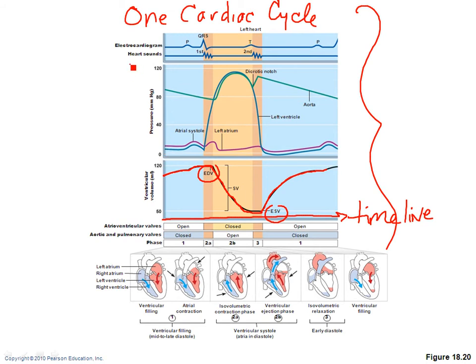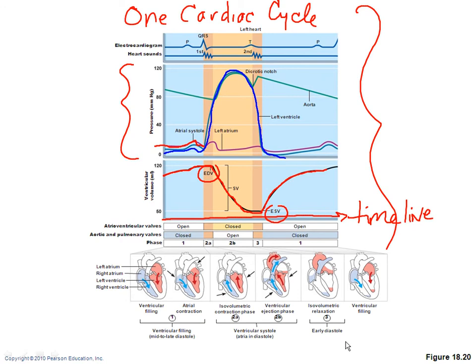And then on this part of the graph, they're showing you the pressure changes. Little purple line here, that's pressure within the walls of the atria. This blue line, which jumps up a lot higher, is showing you pressure changes within the walls of the ventricles. Those are a lot more dramatic because the ventricles have to contract with a lot more force.